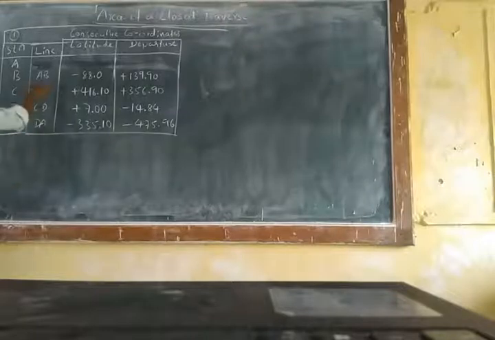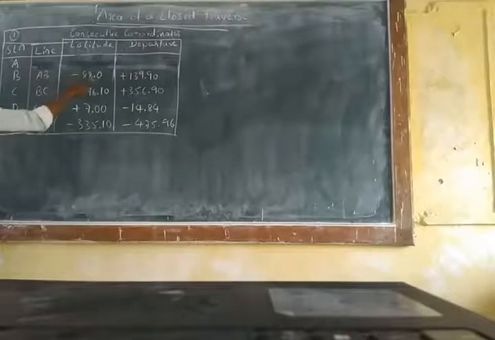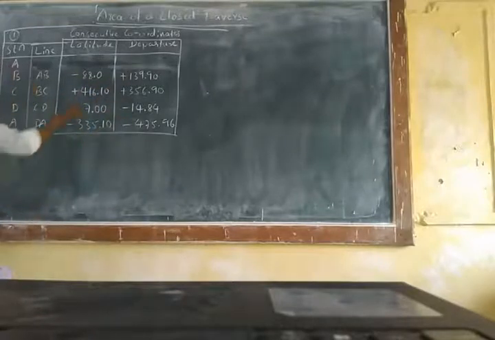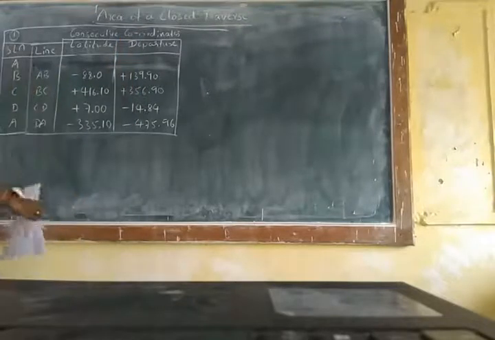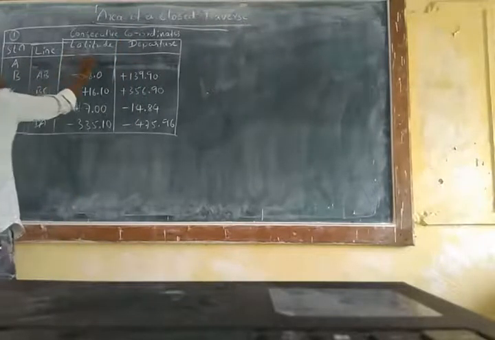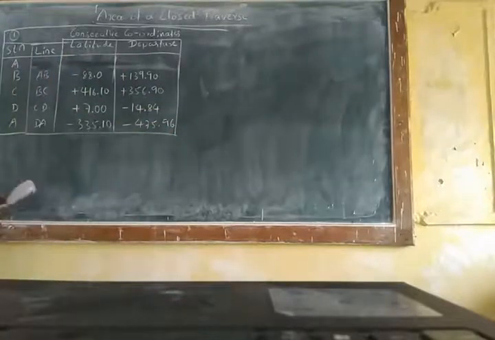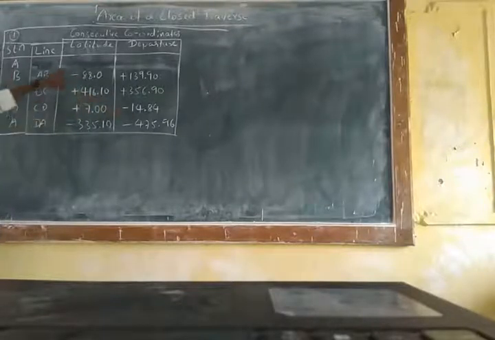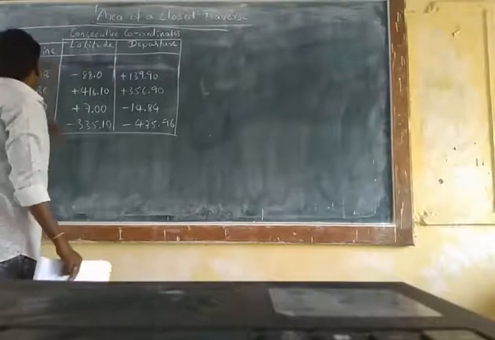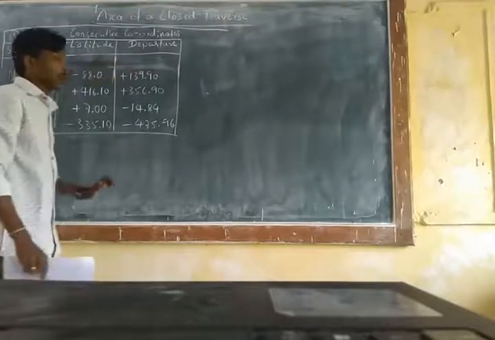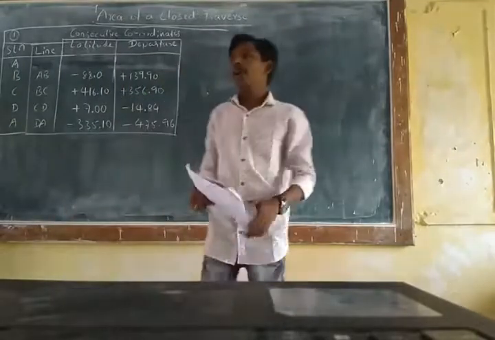So these are the 4 traverse sides, and these are the respective consecutive coordinates, the latitudes and departures, which are given in the question itself. For the A station there will be no consecutive coordinates because there is no line here, but we can have the independent coordinates.